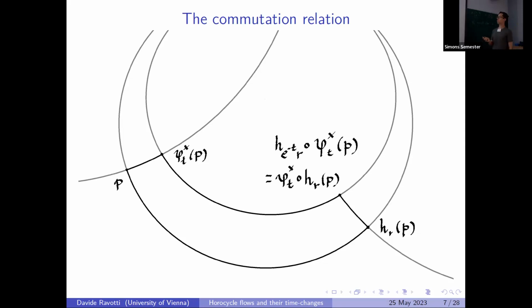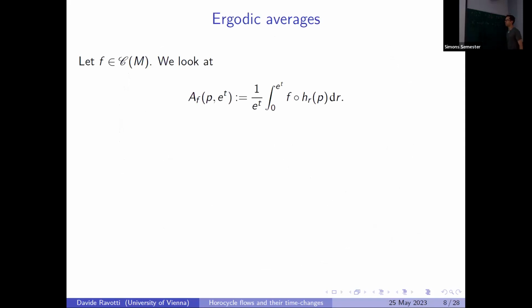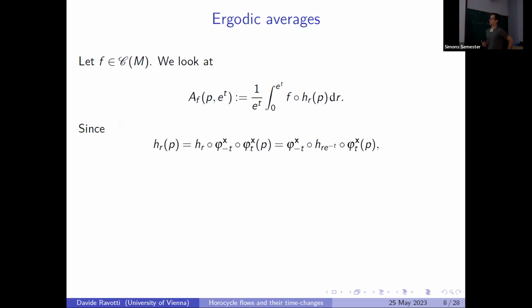Okay, so why is this important for us? Recall that we wanted to look at the ergodic averages of the horocycle flow. And now I take the time to be an exponential time, so I look at the ergodic averages up to time e to the t. I have my commutation relation, so I can take this part here, h_r of P, and insert the geodesic flow at time minus t composed with the geodesic flow at time t.